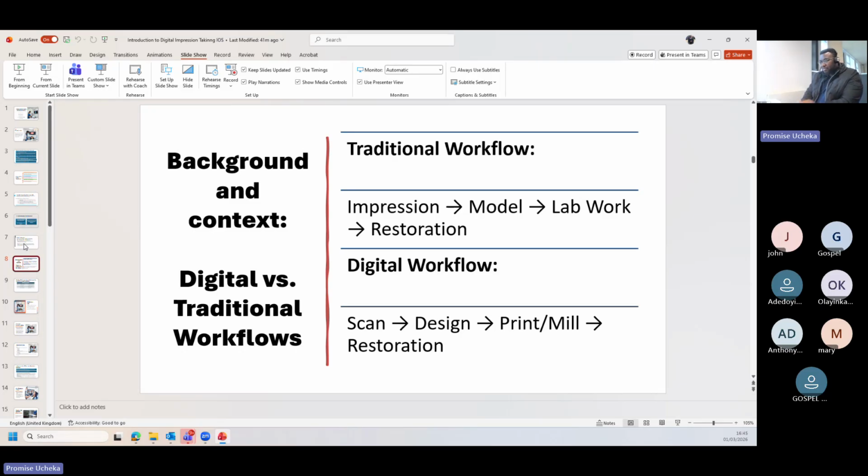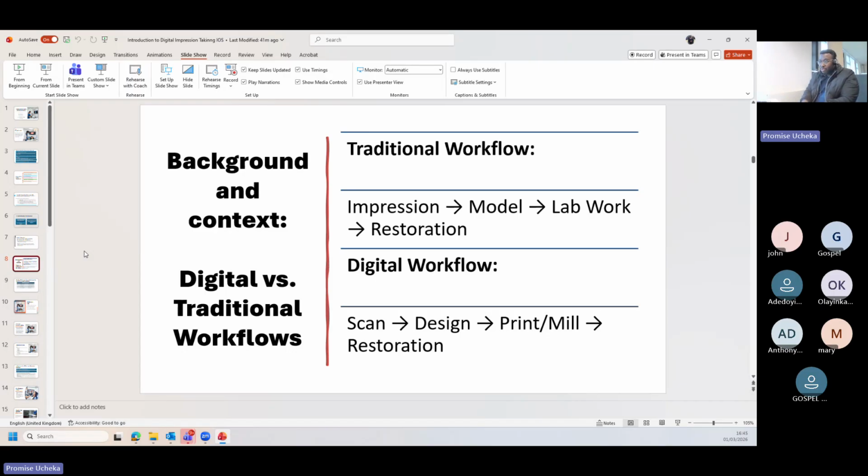So impression taking happens to be the start point of that traditional workflow. What you see now is that there are technologies to support each of these stages in the dental workflow, and scanning is now being used in many places, either in place of or alongside the manual impression taking.